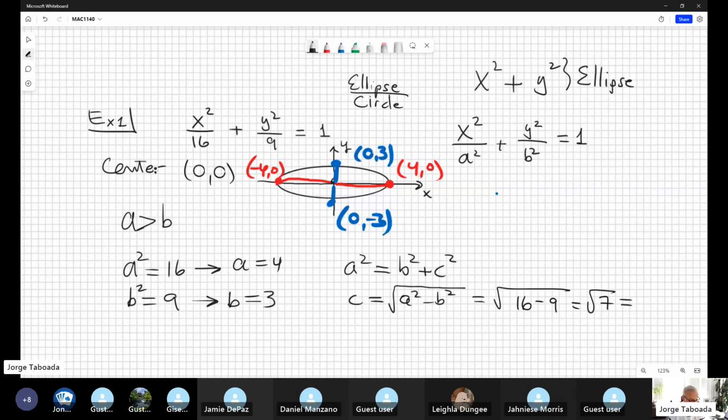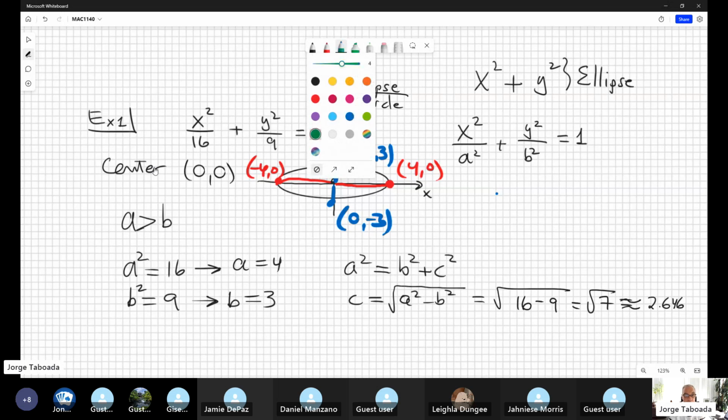And the square root of 7 is an irrational number, but you can find the decimal approximation like 2.646, 3 decimal places always. Now my focus is located here, one distance. Let me try to use green color. Is that distance, and this point is focus 1.